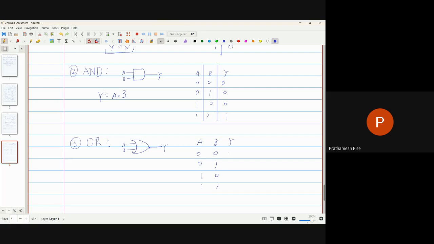Tell me the outputs here. 0 0 will be 0, 0 1 will be 1, 1 0 will also be 1, and 1 1 will be 1.